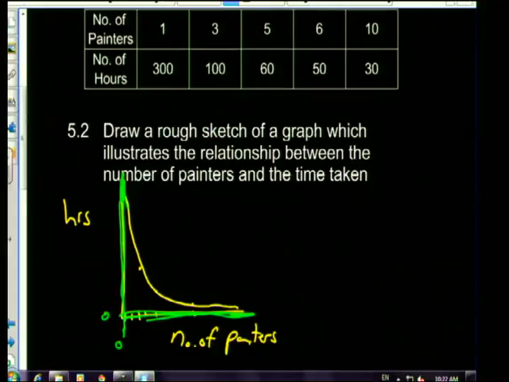Now let's say, can this graph ever touch my horizontal line? Let's say we move this line all the way across the screen and we got 1,000,000 painters into this very little room. We need another 0 there. 1,000,000 painters in this little space.